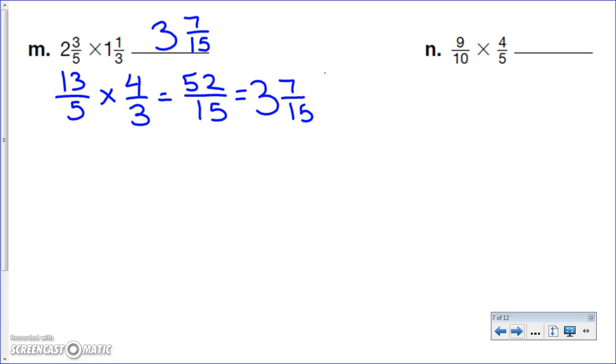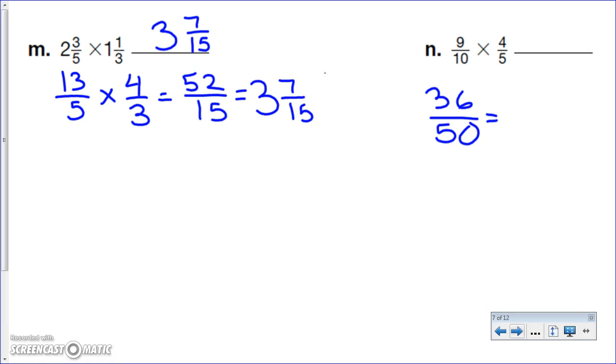For problem N, both fractions are regular fractions and not mixed numbers, so we don't need to worry about getting them into improper fractions. All we have to do here is multiply across. So 9 times 4 is 36, 10 times 5 is 50. We can simplify that.